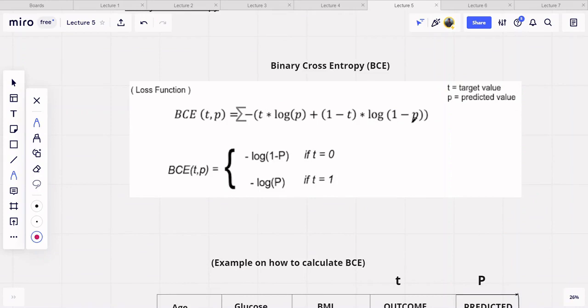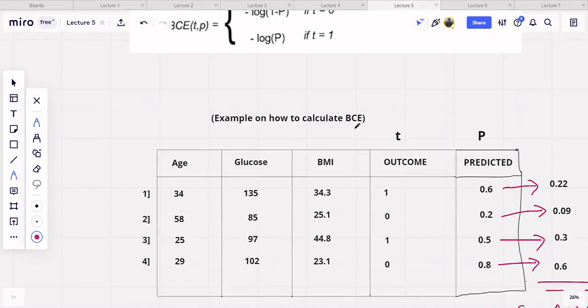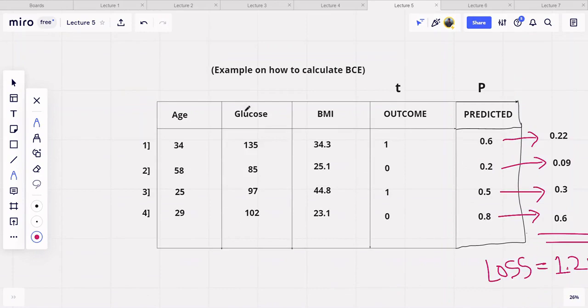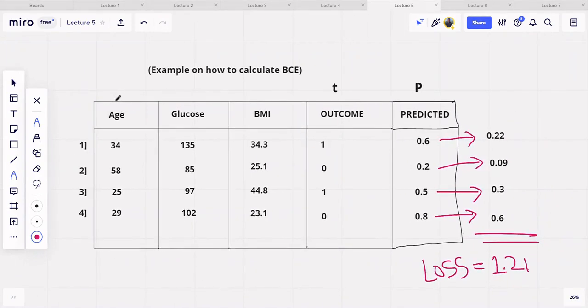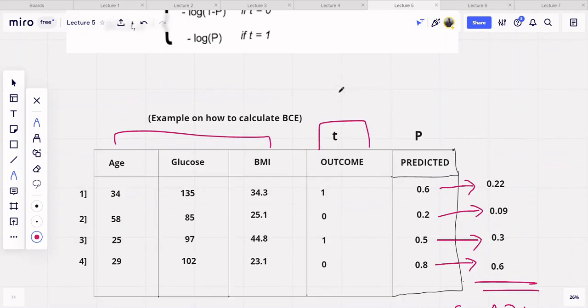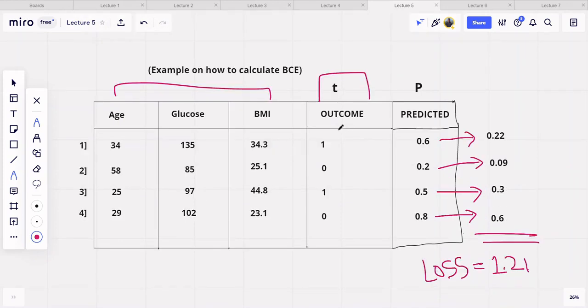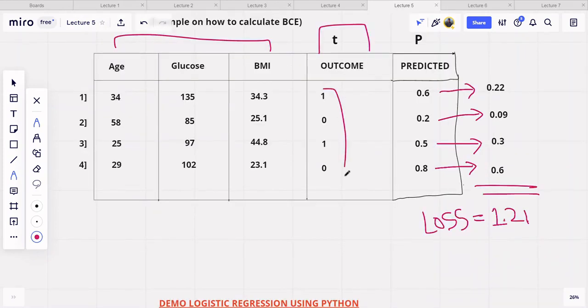For example, for our diabetes dataset, we know that the age, glucose, and BMI columns are our independent variables, and the outcome column is the target variable. The outcome column is our true column, because it consists of the actual values of the samples.